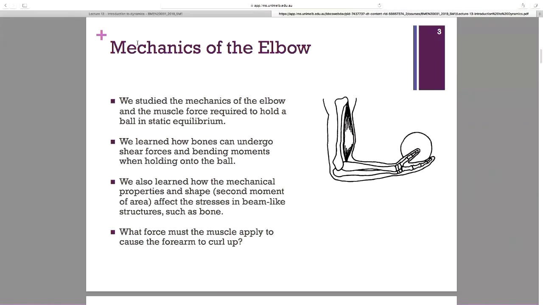We went through, with this example, what must be the balance of forces at the joints and indeed the muscle forces for someone to hold a ball. Well, the rest of the 5 weeks will allow you to start studying what must be the forces I need in order to make my arm rotate at a certain velocity, okay?